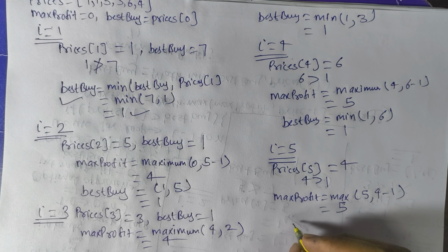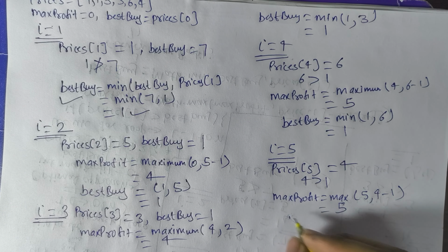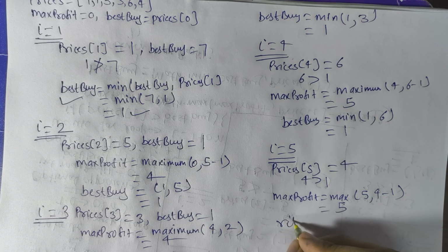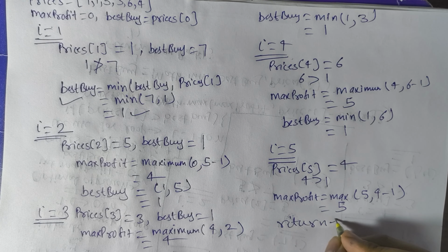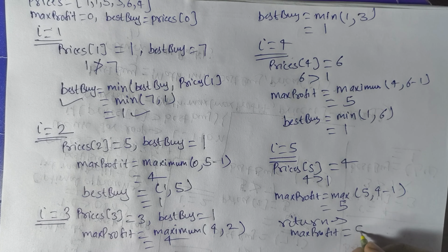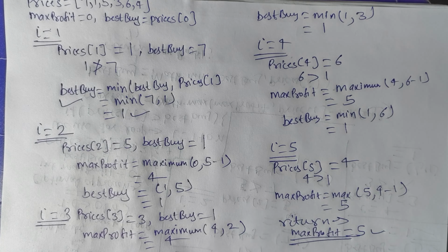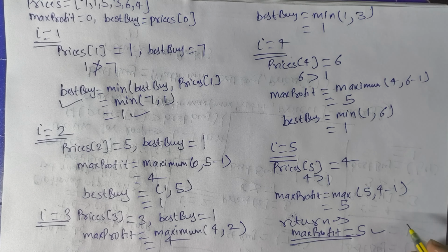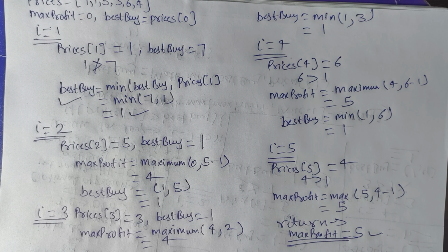Okay, and so ultimately we will return max profit is 5. This is our maximum profit, and the time complexity of this code is big O of n.